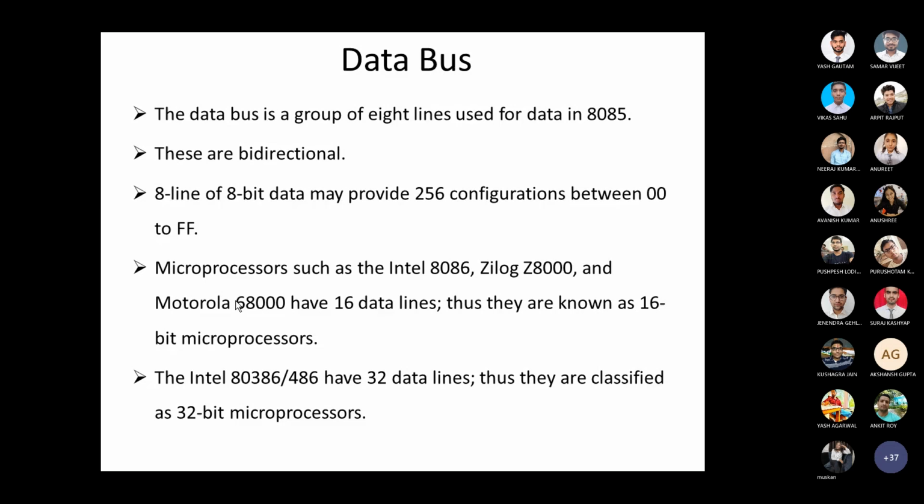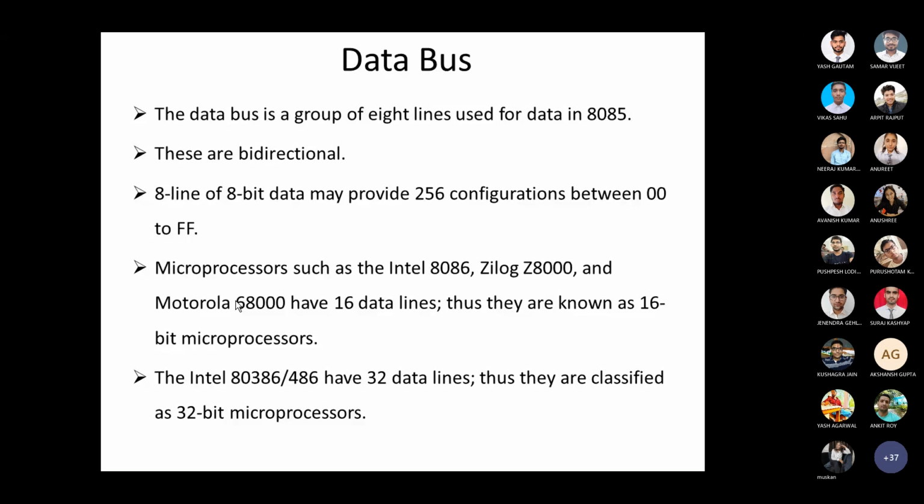The data bus is of 8 lines in 8085. This is bidirectional. The data can flow either from the memory to the data bus, or from the input device to the data bus, or from the data bus to the output device, or from the data bus to the memory.